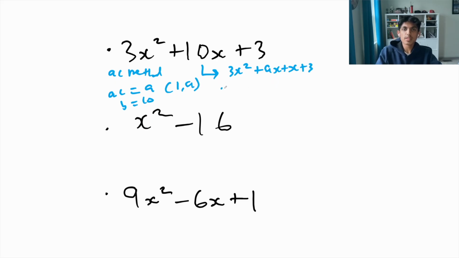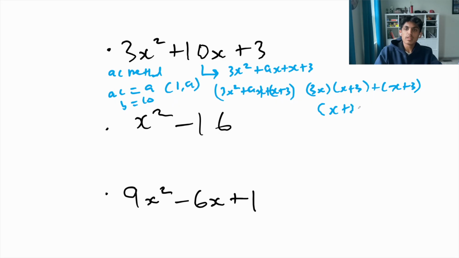And here I'm going to group together like terms. And factoring this out should give me x plus 3, 3x plus 1.